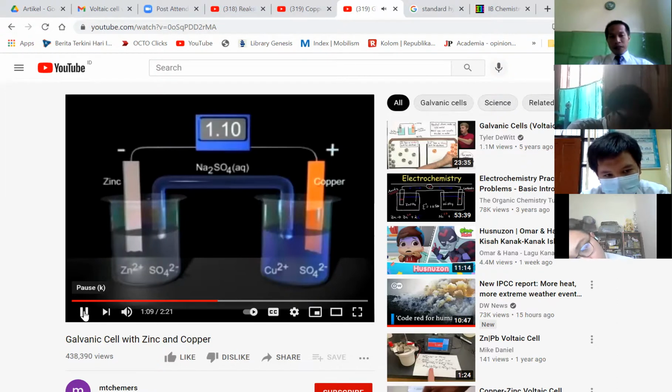We find that the cell has a potential or voltage of 1.1 volts. The copper electrode is the positive electrode, and the zinc electrode is the negative electrode.